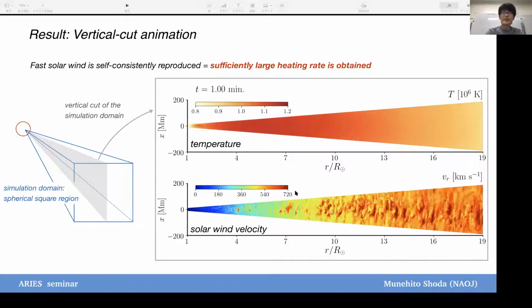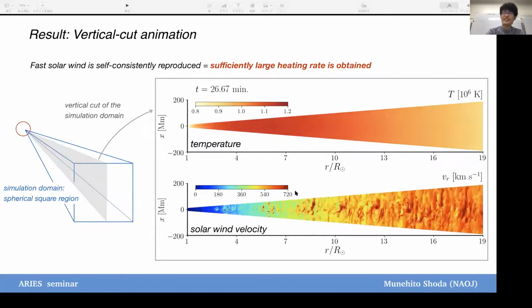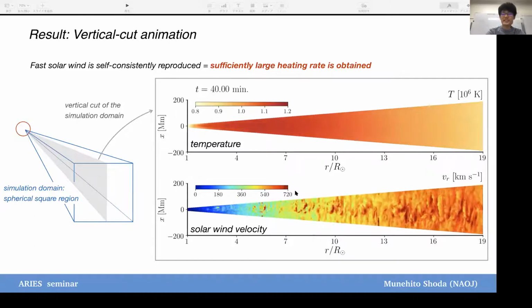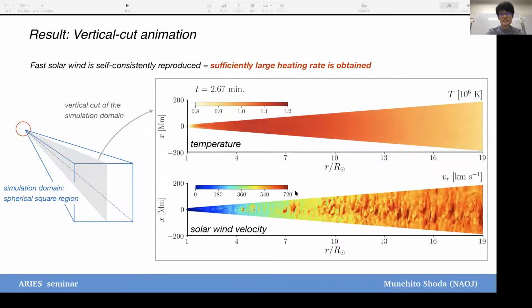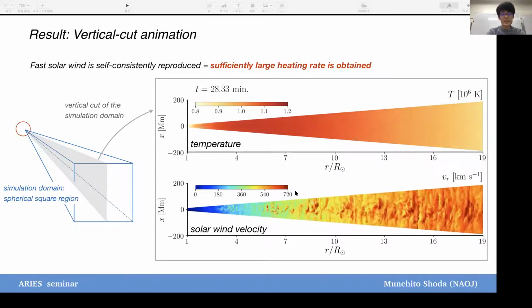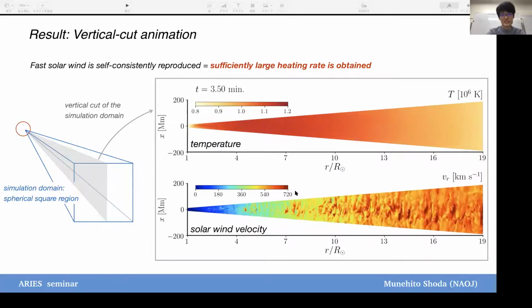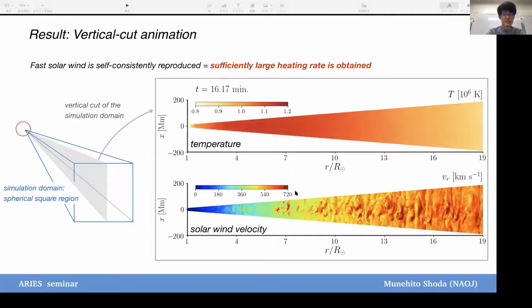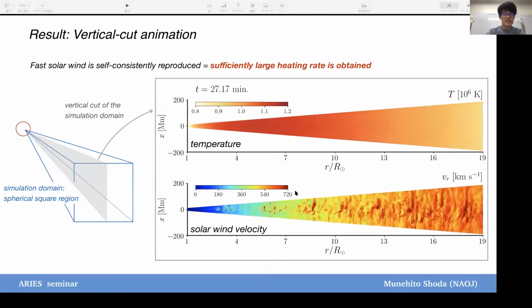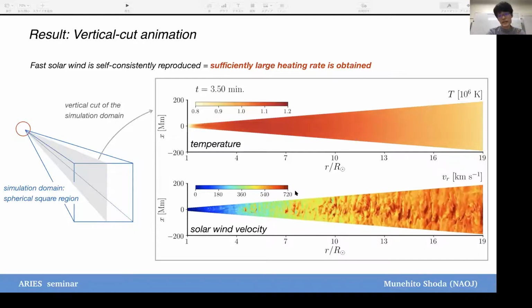I'm so sorry, but I have no further opinions about the relation between the coronal mass ejection and solar wind. But at least we have a kind of observation of the solar wind by radio wave, which we call interplanetary scintillation. According to the observation, the solar wind is continuously accelerated above 10 solar radii.